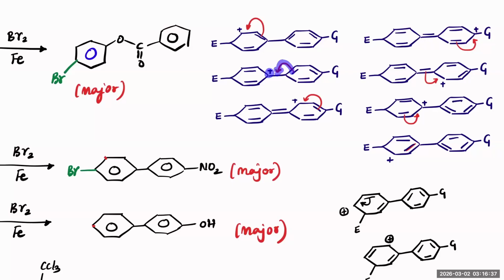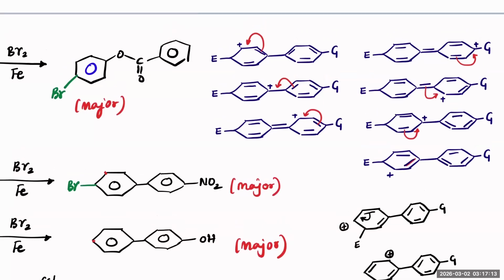Again the pi bond will be pushed and the positive charge will come at the next position, and so on. Have you noticed that we are able to generate at least 7 to 8 resonating structures, keeping the electrophile at the para position? So keeping it at para position, there is an advantage: you are able to generate the maximum number of resonating structures.